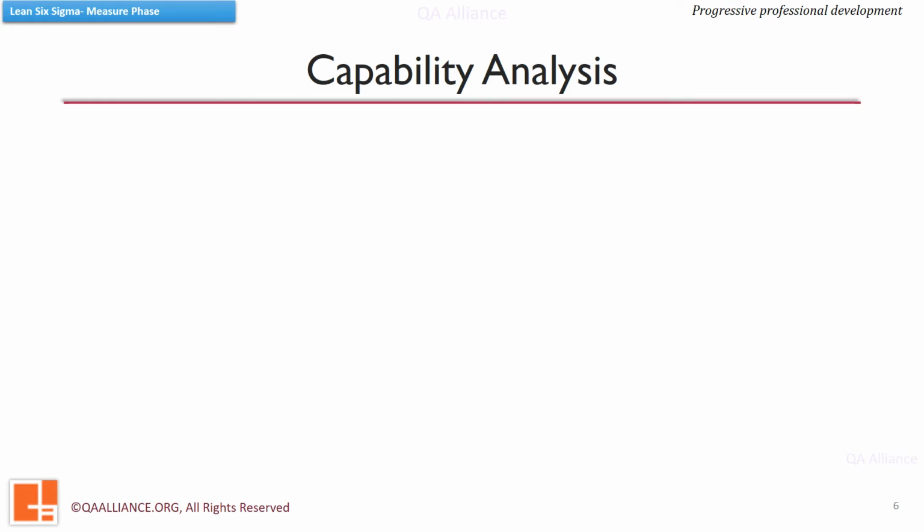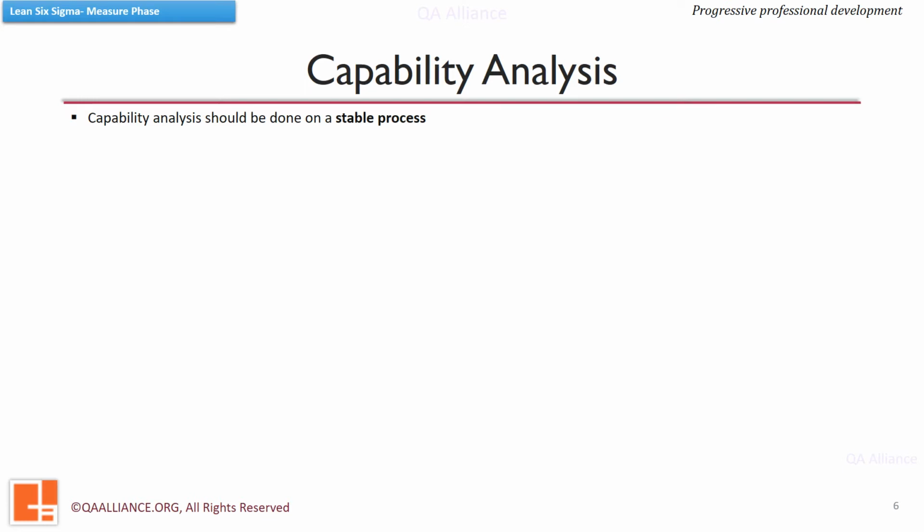When we are doing capability analysis, the first requirement is that the process should be stable. If not, we first need to eliminate the special causes, make the process stable and then perform capability analysis. The reason behind it is that a stable process is consistent over time and predictable with respect to the outputs.